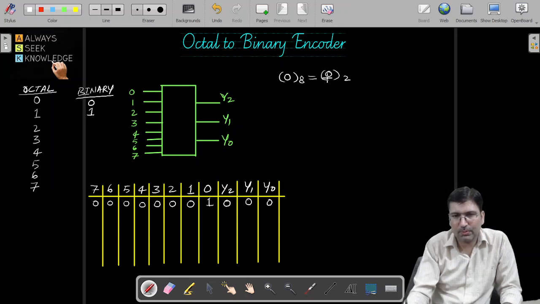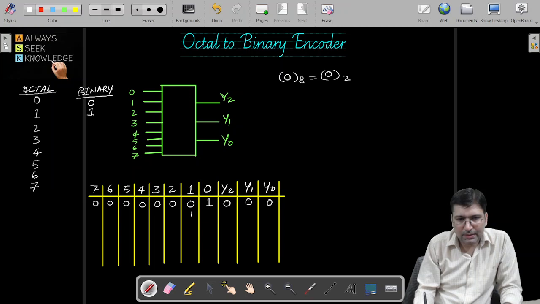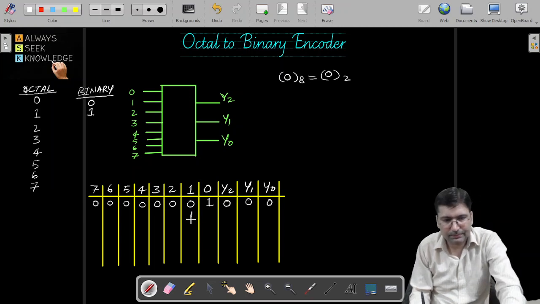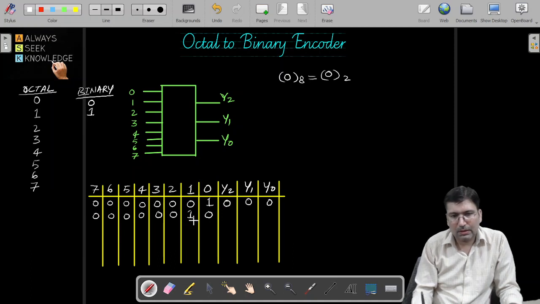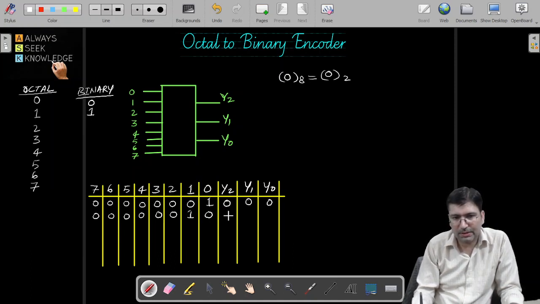If we want to represent it in 3 bits, then all three will be 0, right? Now next, if I consider this first input to be high and the rest of the inputs low, all having 0. Because this one input is high, 1 can be represented in 3 bits as 0 0 1.